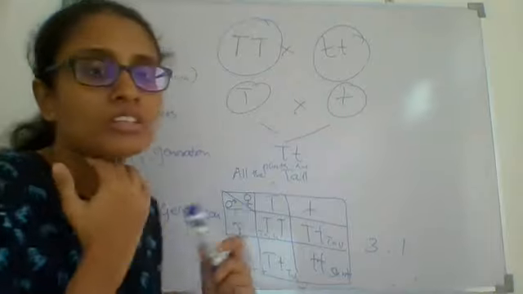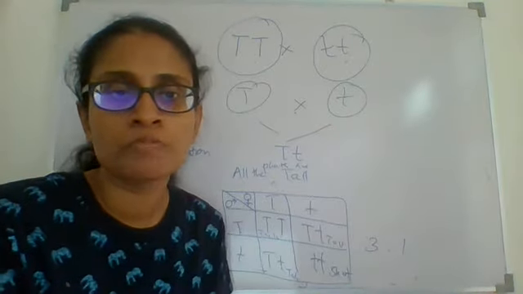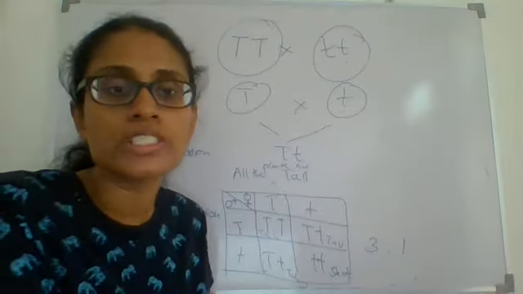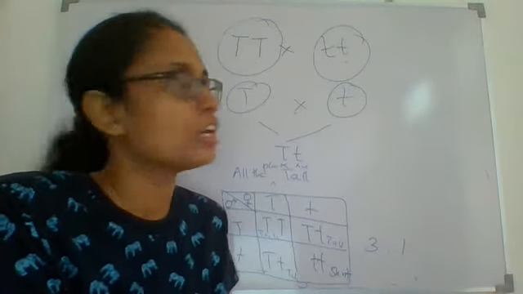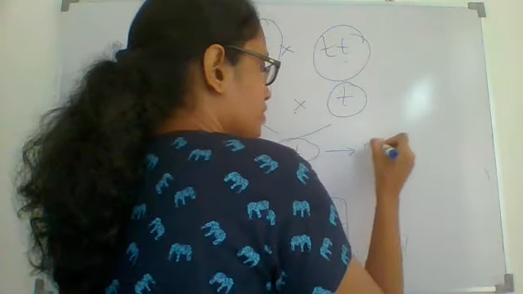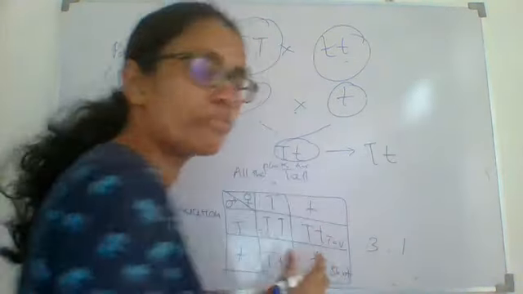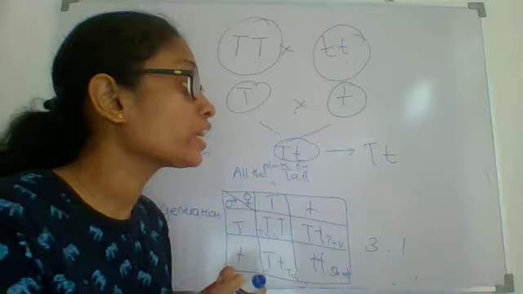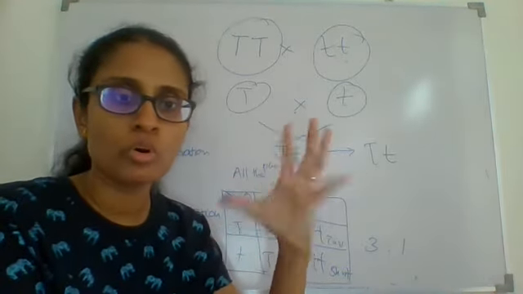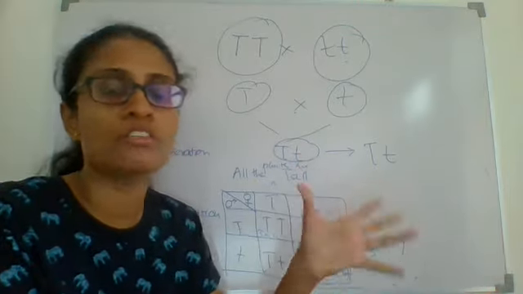So we call this a homozygous feature, right? But if you take this Tt, the two genes are different. We call them heterozygous. Homo means same. Hetero means different.